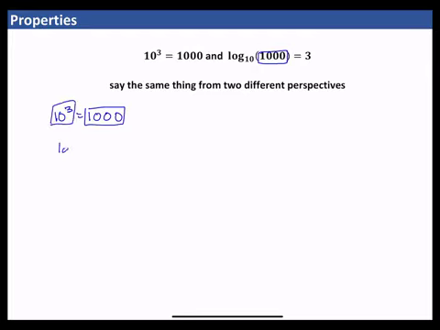This gives us log base 10 of 10 to the third equals 3. Notice that the original input is 3, it produced an output of 1,000, and then that output was inputted into the base 10 logarithm to produce a final output of 3.